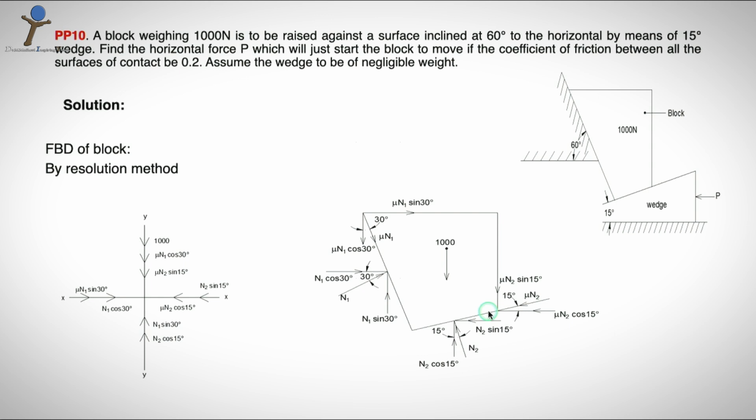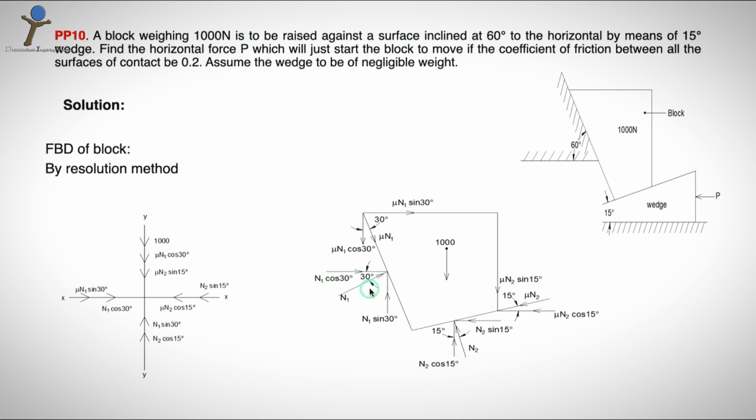So, now that you have all the forces and reactions acting on the block, you need to resolve these forces onto the xy plane. So, let us consider the horizontal as x and the vertical as y axis. Now, coming back to the reaction N1 caused by the wall onto the block, it is at an angle of 30 degrees with the horizontal.